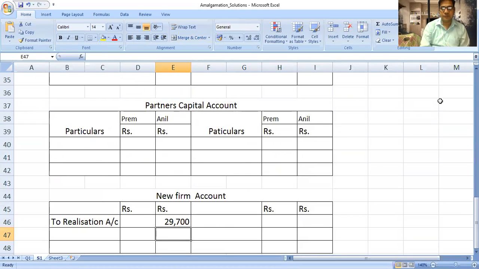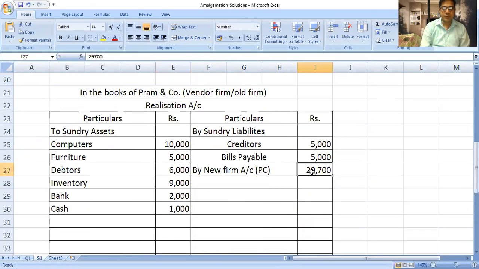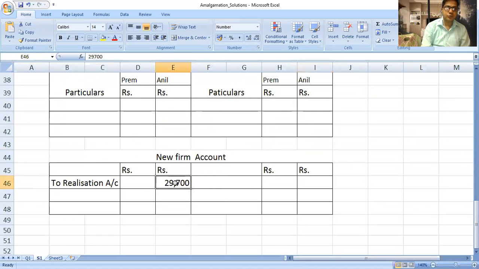See friends, this particular entry we recorded: new firm account debit to realization 29,700, and we will give the posting to the new firm account also, and we recorded here in the new firm account debit side to realization 29,700.